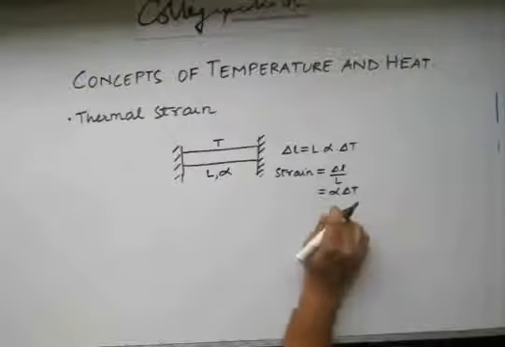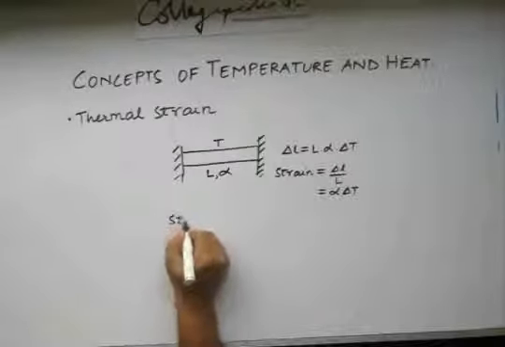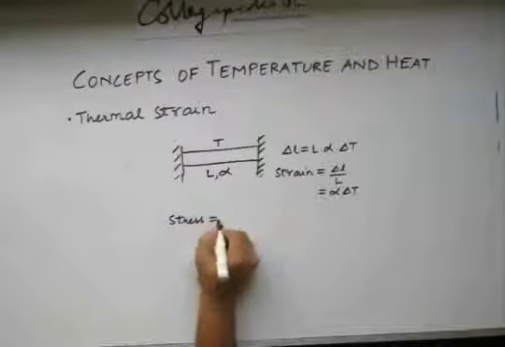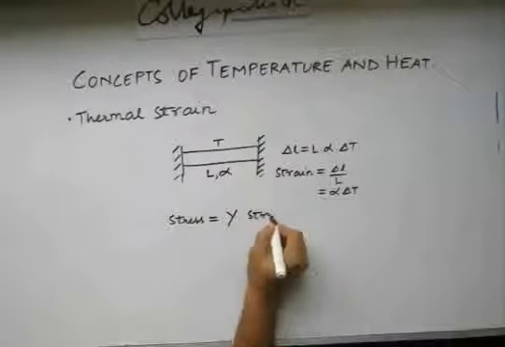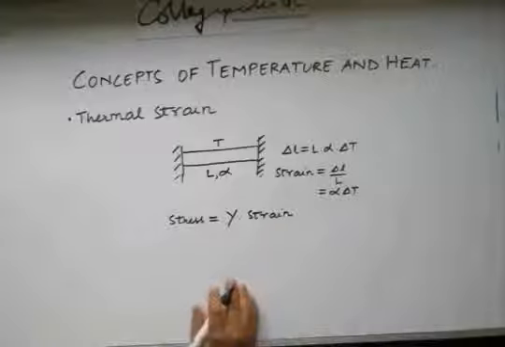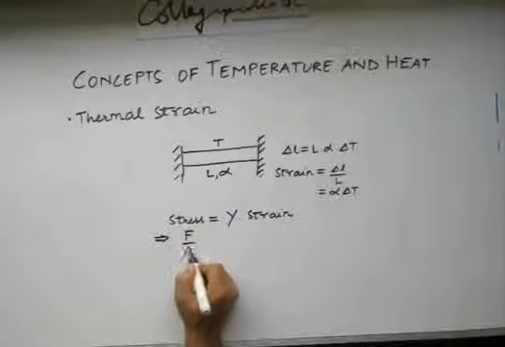We have strain, and from theories of elasticity, we know that stress is equal to Young's modulus times strain. The stress, let's say here, is F by the cross-sectional area.